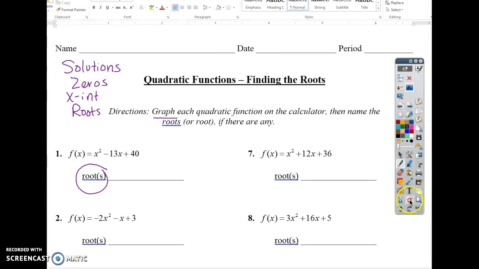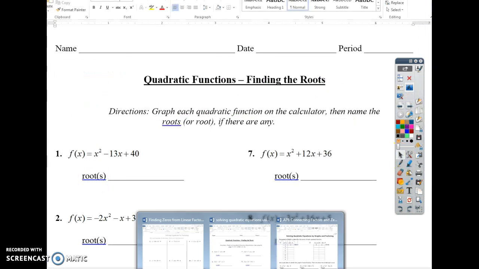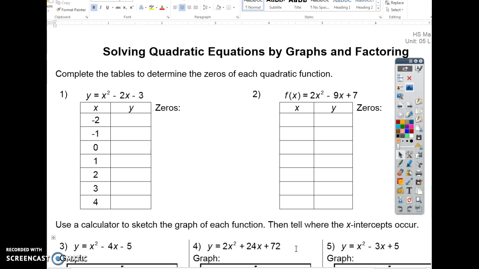For the back page, on here, you're going to put this equation in y equals, and you're going to go to second graph to fill in the table here. Same thing here. And if you want to use the same numbers, that's fine. Okay?